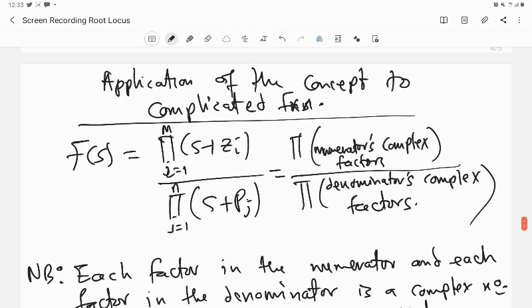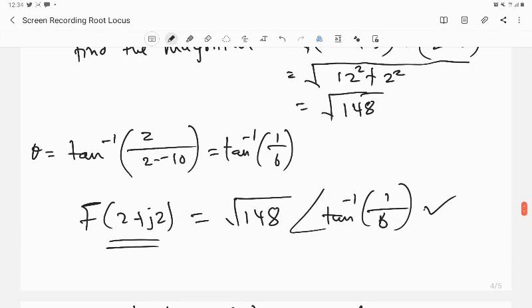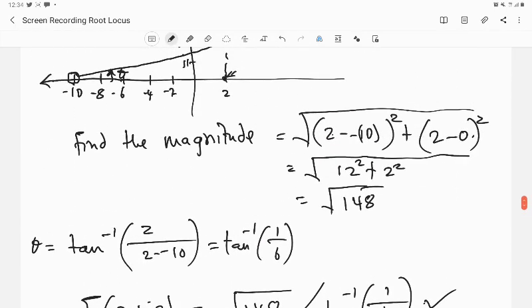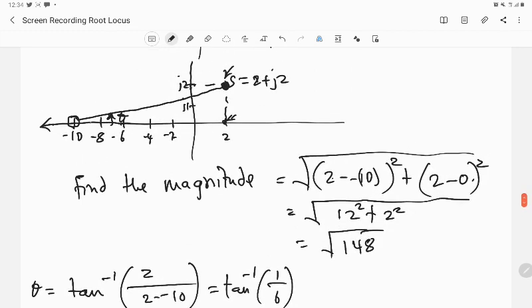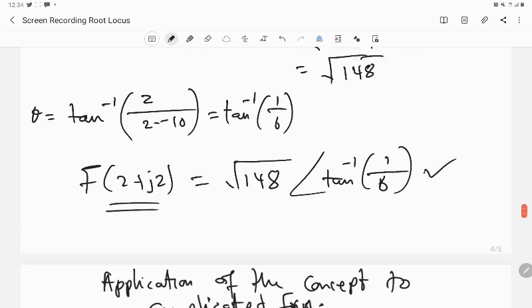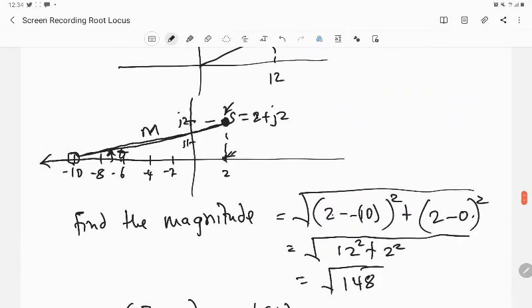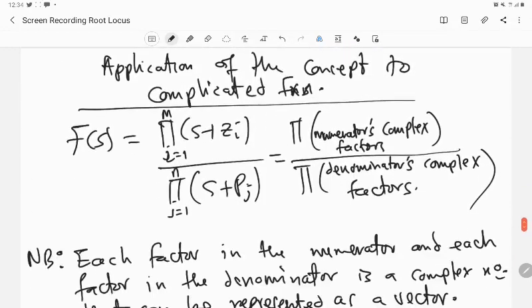So for example, as we saw from the top here, the zero length will be from this -10 all the way to this point, and that is going to be the magnitude. And if it's a pole, it's going to be the same concept.